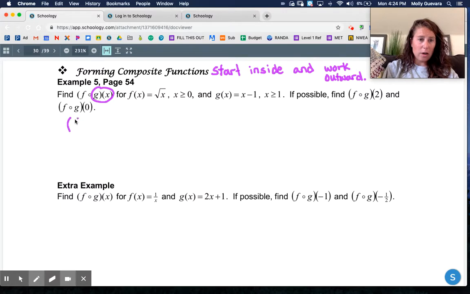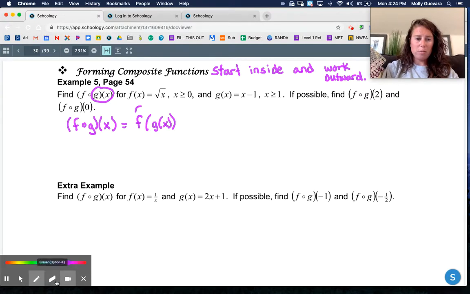Okay, so f with g of x means I'm going to take my g of x and I'm going to plug it into f. So this is the same thing as f of g of x. I'm taking whatever my g of x function is and I'm plugging it into f.